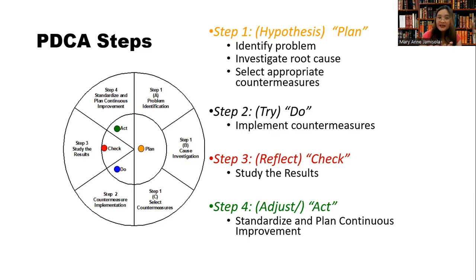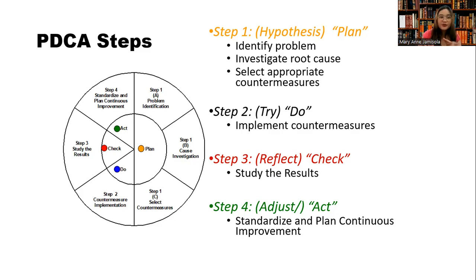When can we say that the countermeasures are appropriate? If it directly addresses the issues that we have identified. So the countermeasure, or the cure, should directly address the problem. All right. So that's the planning. We sit down, we brainstorm, we hypothesize. And that is step one, which is P, plan, to hypothesize.